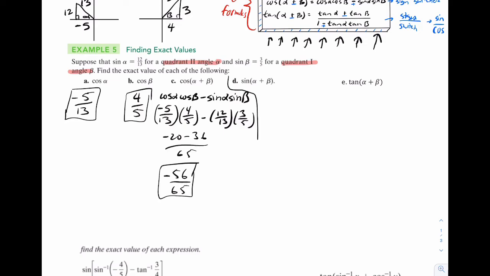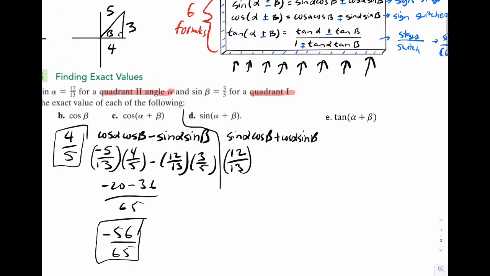Okay, now part D, same thing. We're going to do sine alpha cosine beta plus cosine alpha sine beta. Let's work this out. So sine alpha, that would be 12 over 13. Cosine beta, that would be 4 over 5.